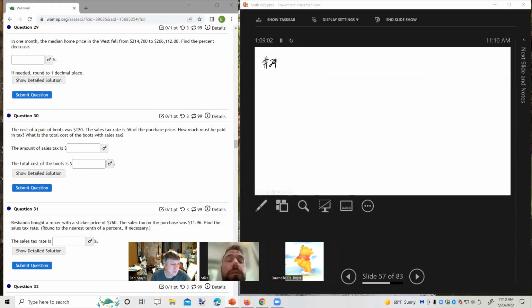Number 29. In 1 month, the median home price in the West fell from $214,700 to $206,112. Find the percent decrease. Okay, so what we're going to do here is find the amount of decrease.